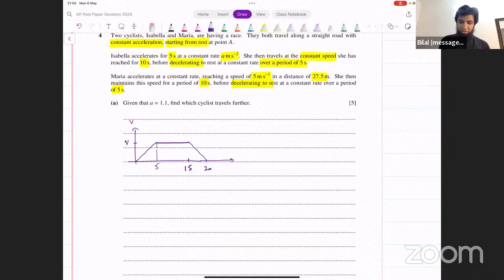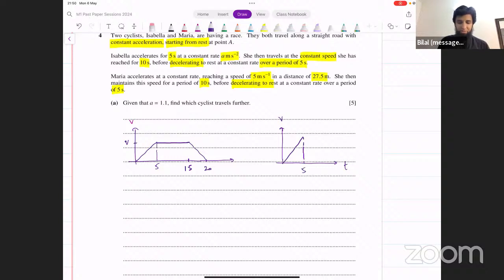She's accelerating at a constant rate, reaching a speed of 5 meters per second in a distance of 27.5 meters. So for the other person, we know in the first 5 seconds, she is traveling 27.5. This is V and this is T. She's accelerating at a constant rate.